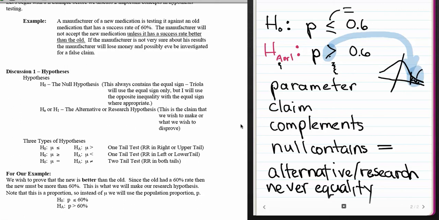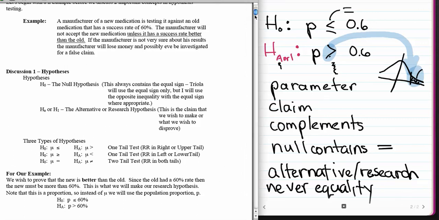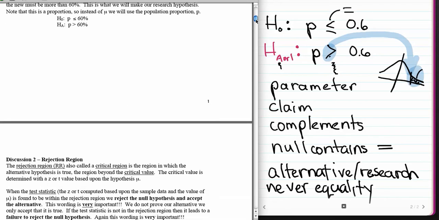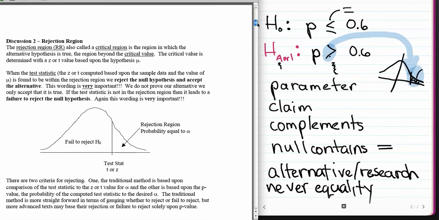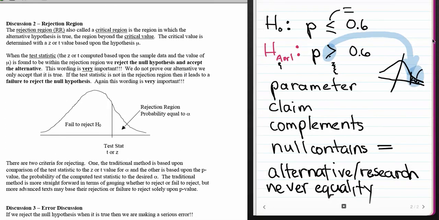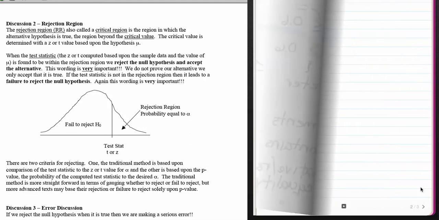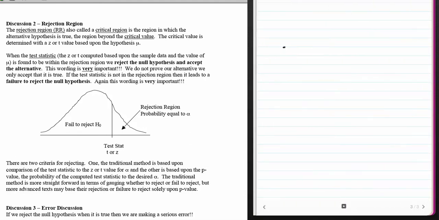So for our example here, we have our hypotheses, which I show you right down here, and this sets us up to be an upper tail test, just like we've seen here. Now this rejection region is what's shaded in over here, and sometimes this area is called a rejection region and sometimes it's called a critical region. So let me redraw it over here.